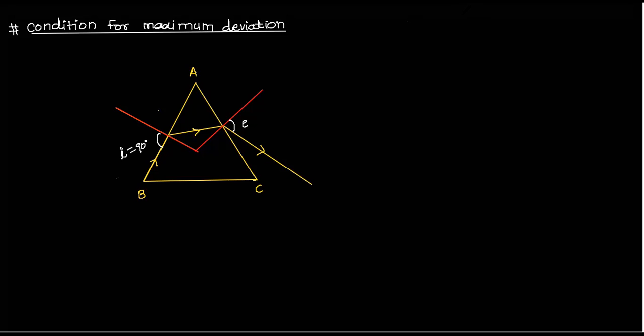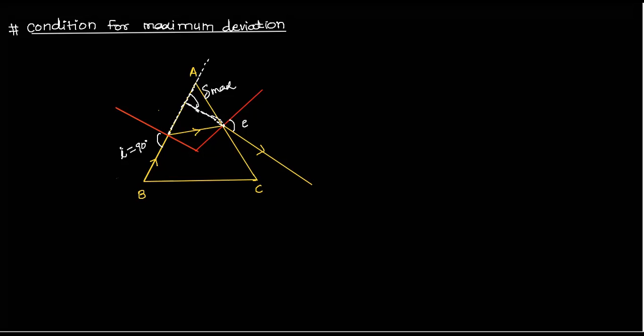So now delta maximum is equal to what here? You see, this is your original ray. Can you see? This is your original path of the ray, and this one is your emergent ray, which came out like this. So this angle is delta maximum. Yes or not?